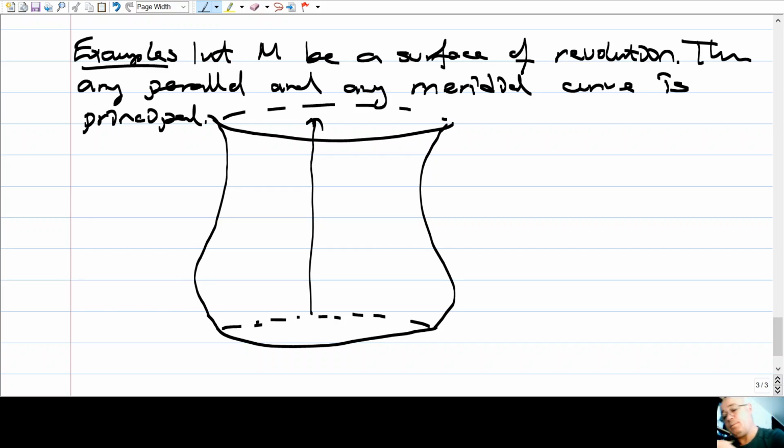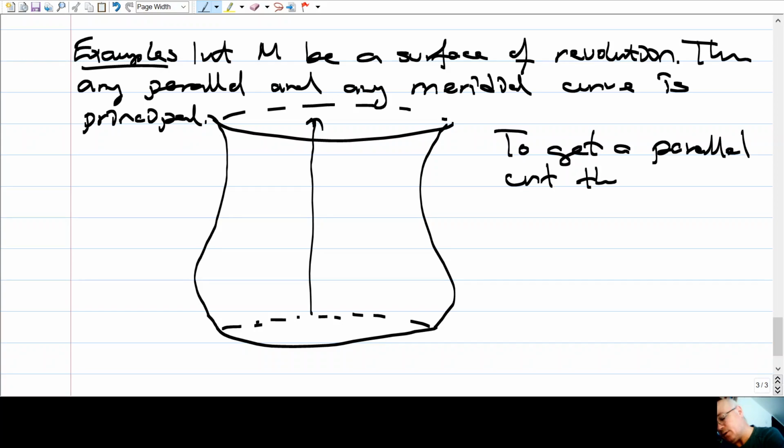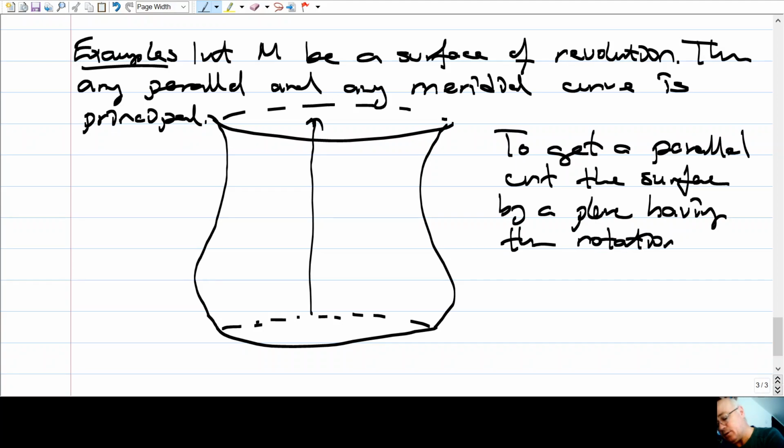What's a parallel? A parallel is a curve. To get a parallel, cut the surface by a plane having the rotation axis as its normal vector.